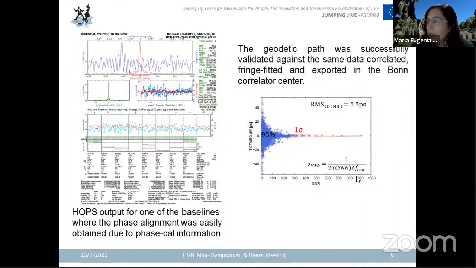This is the SNR, and this is the RMS of the bandwidth, which is 720 megahertz in this case, and 90% of the observations are below the 1 sigma curve, and the RMS is 5.5 picoseconds. So I think we achieved what we proposed when we said we would create the geodetic path.